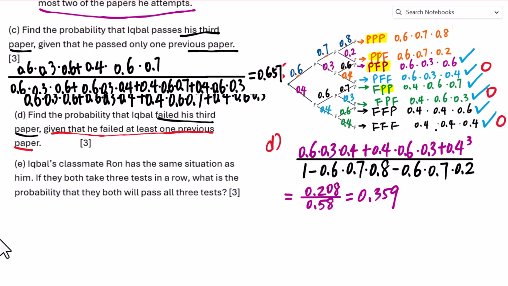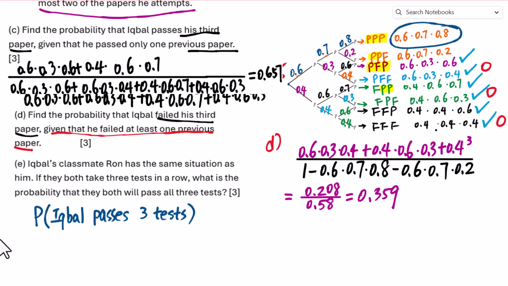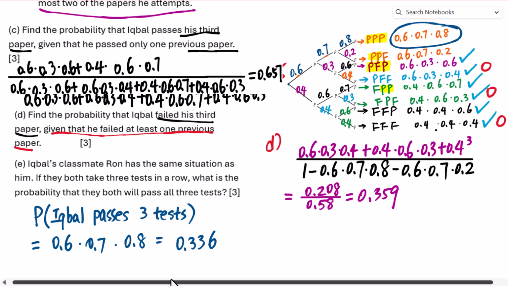Let's go to E. Iqbal's classmate Ron has the same situation as him. If they both take 3 tests in a row, what's the probability that they both will pass all 3 tests? First of all, we need to figure out the probability of Iqbal passes 3 tests in a row. 0.6 times 0.7 times 0.8 equals, we got 0.336.